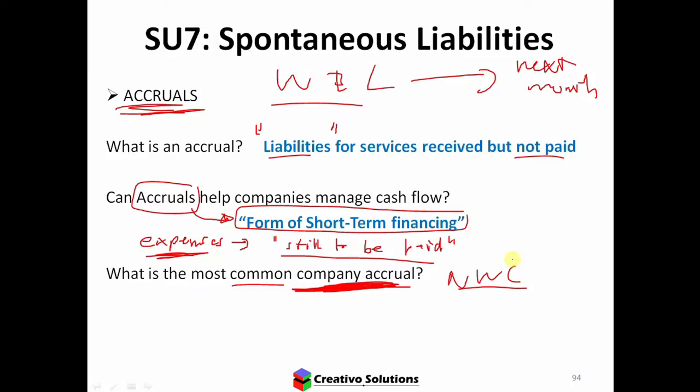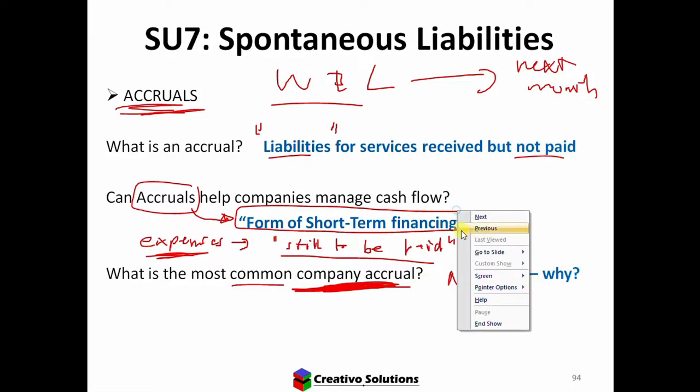Think about the company that you work for. What's the biggest cost on their income statements? I'll give you a clue. It links to HR. Is it staff, salary? Payroll, salaries, wages. Good.